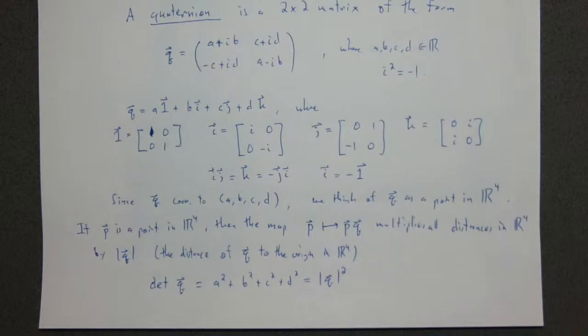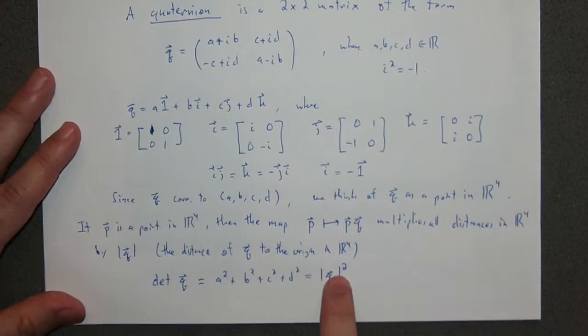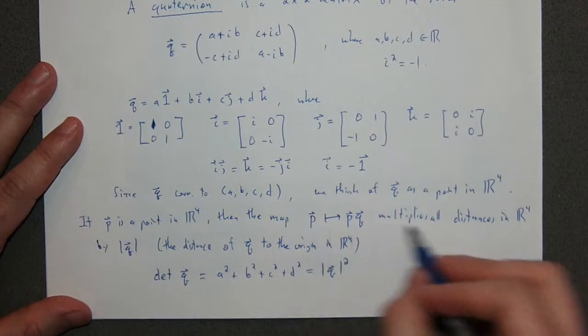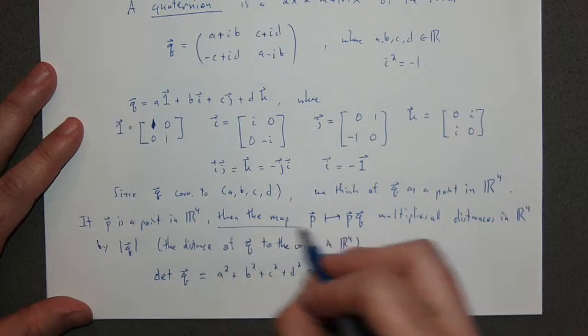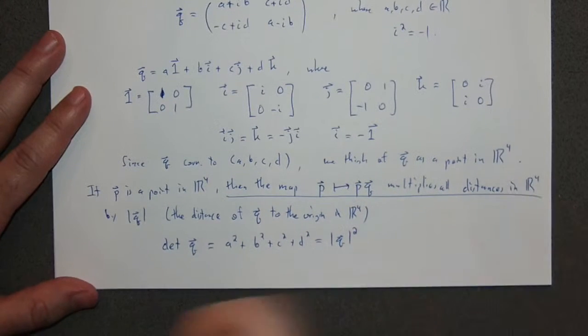But then, where we get that this map multiplies all distances in R4 is from the following.